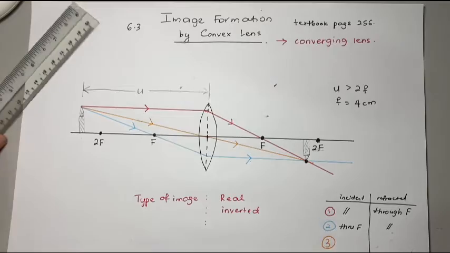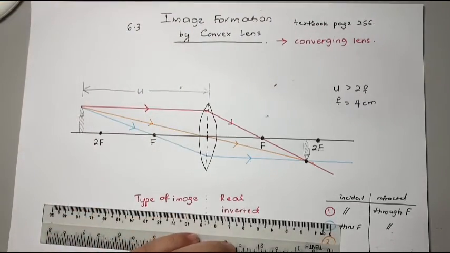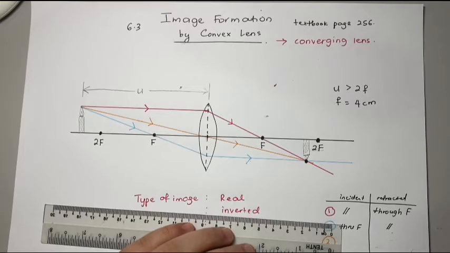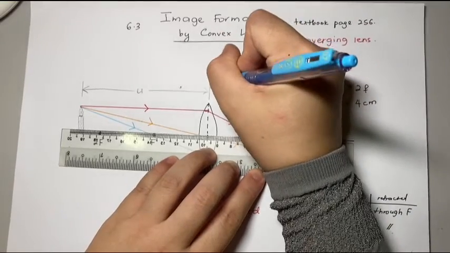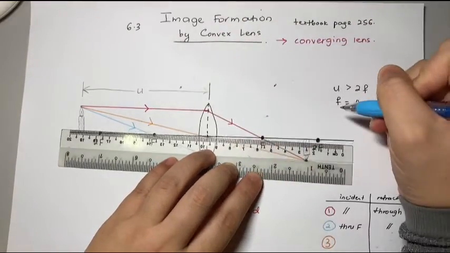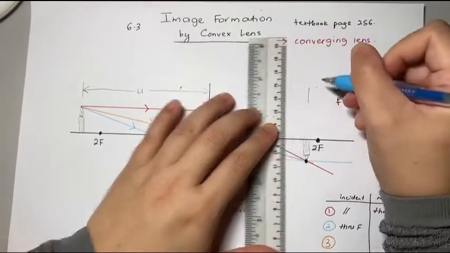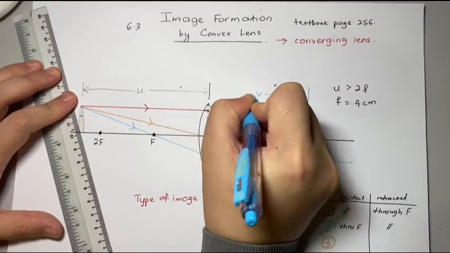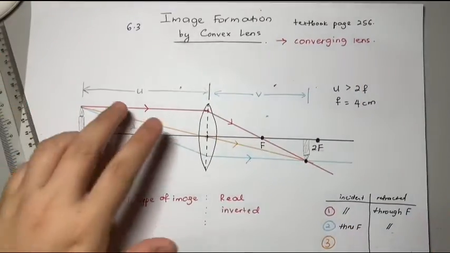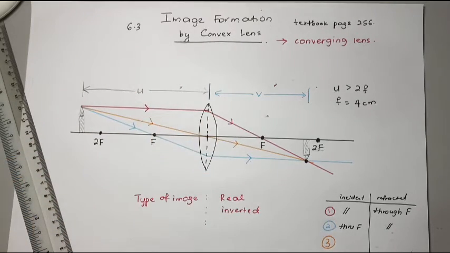And then my image distance would be this. I'm going to use different colored pen for that one. Alright, I'm just going to use blue one here again. This is my image distance, V. If you compare the length here, my object distance and my image distance, which one is longer?